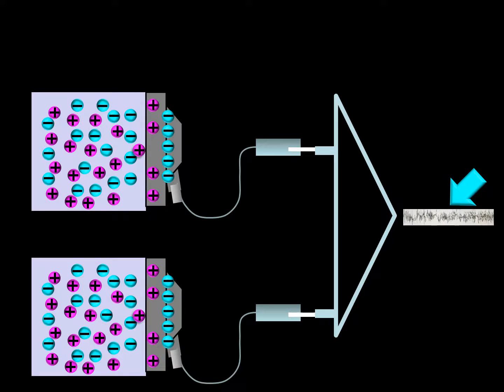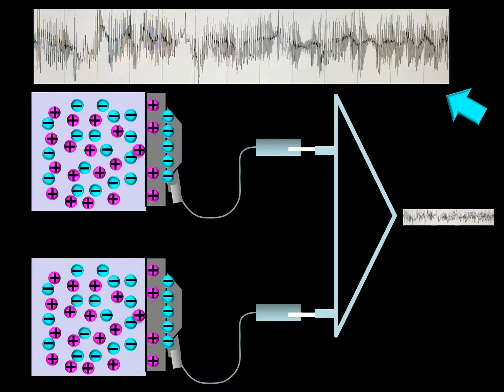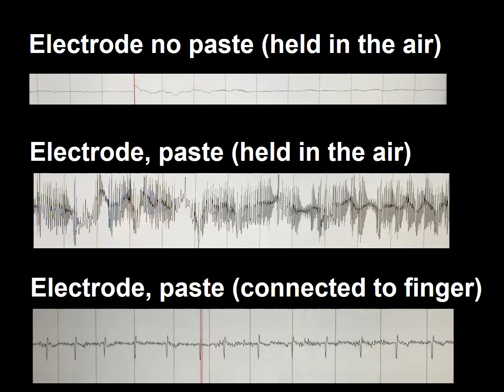In this frame, you can see what happens when gel is applied. Again, the arrow points to the recording, but since it is too small, I enlarged it in this frame. You can see a significant amount of electrical activity. You can more easily see the difference tracing in this frame.